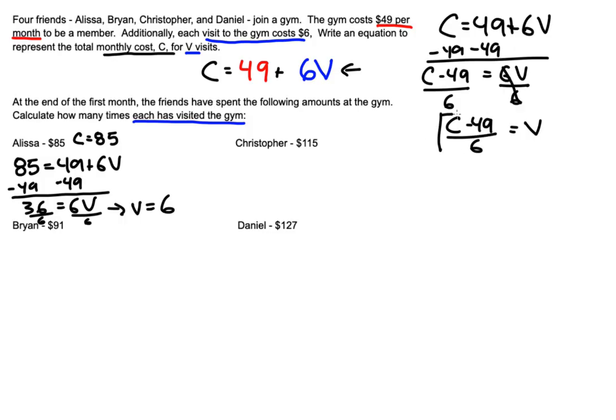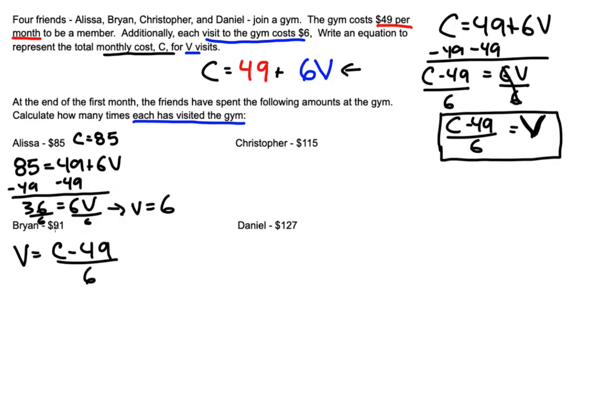Now this equation, I can use that to solve the rest of these, and it's going to be a lot easier for us because we're trying to solve for V, and I already have what V is. It's C minus 49 over 6. So let's do Brian, for example. For Brian, if we use our new equation, I'm going to flip it around, just call it V equals C minus 49 over 6.